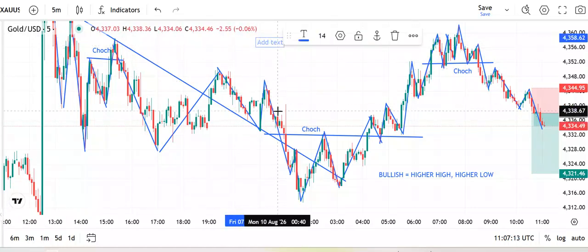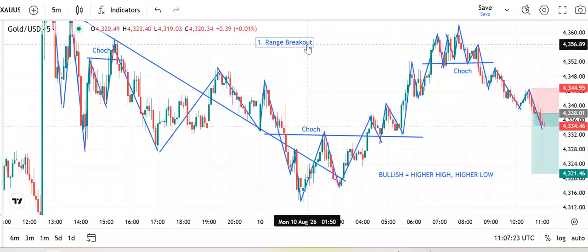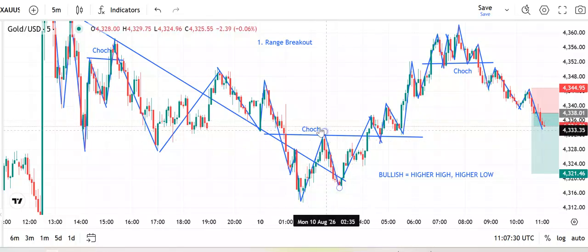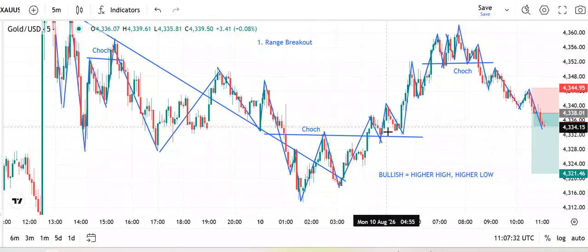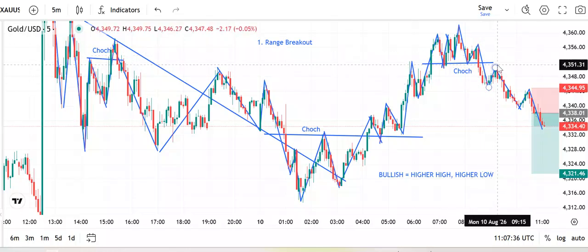Number one is range breakout. Okay, where you start to have price changing character and they form higher high, higher low, or price changing character, they form lower low, lower high.